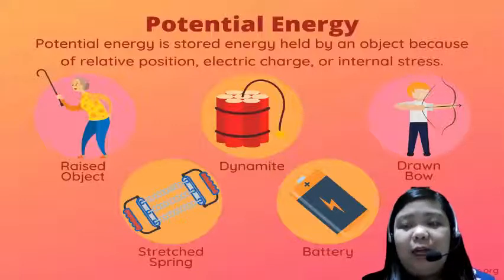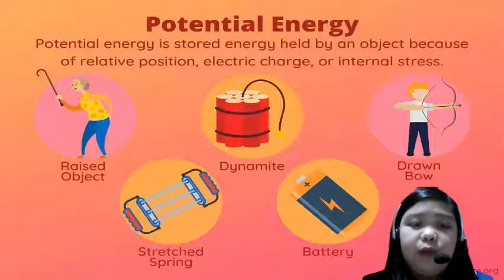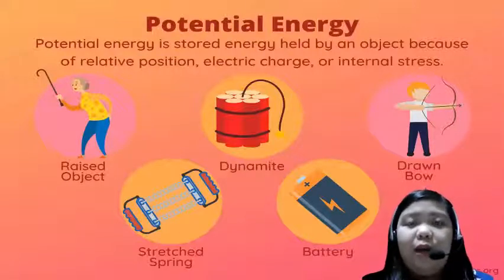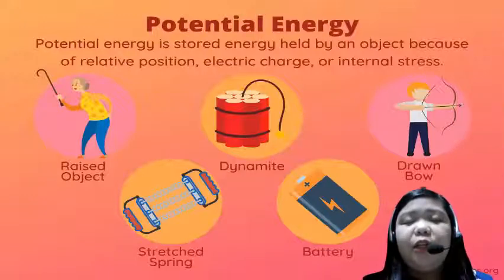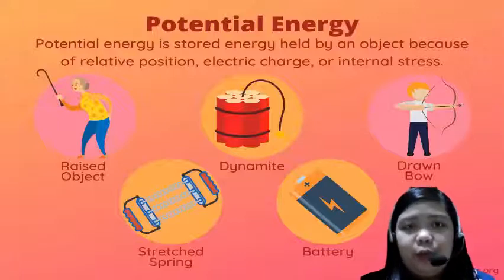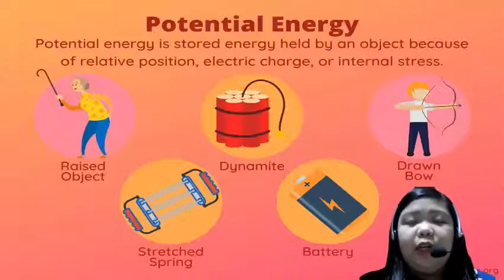We also have dynamite, a drawn arrow, a stretched spring, and a battery because they have chemically stored energy. So remember, potential energy is the counterpart of kinetic energy. If kinetic is energy in motion, potential is energy at rest.